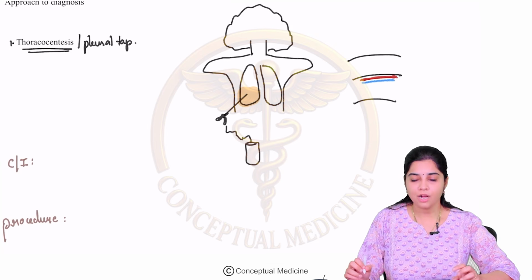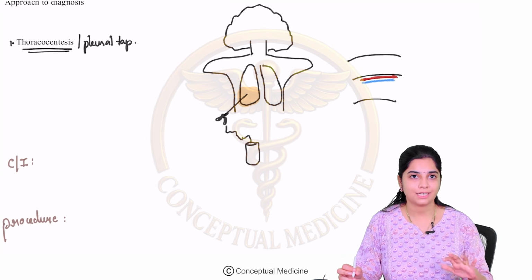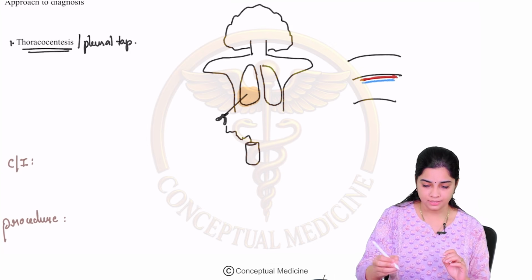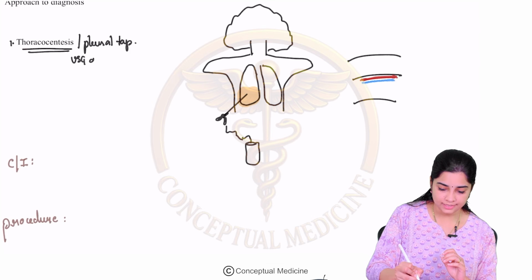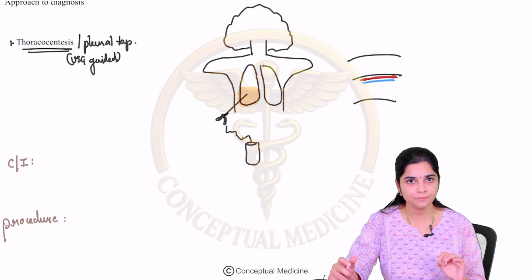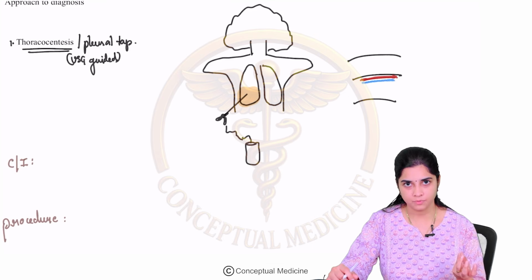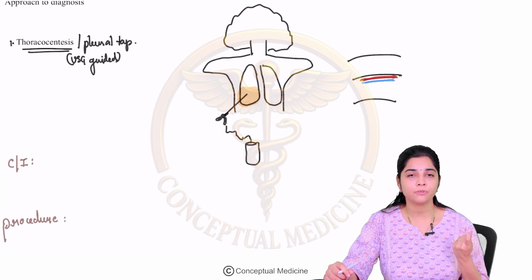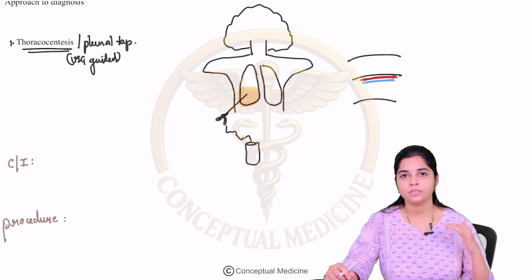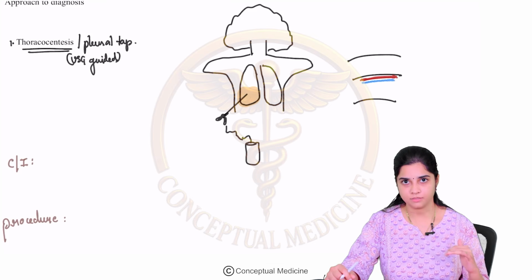Alright, so how is the pleural tap done? So usually in the current era, we do it as an ultrasound-guided procedure. Okay, the pleural tap is usually done as an ultrasound-guided procedure in the current era, but previously we used to do it as a blind procedure as well, right? So the pleural fluid is usually taken from the posterior axillary or in your posterior region around the 5th, 6th intercostal space, right?